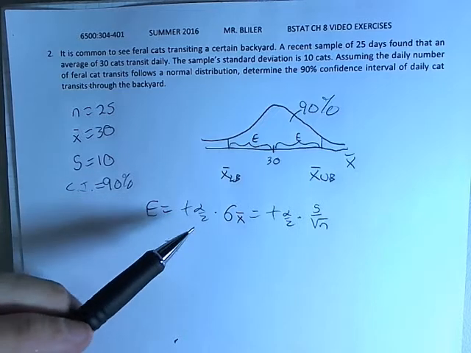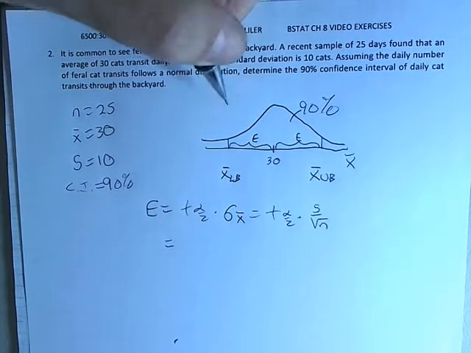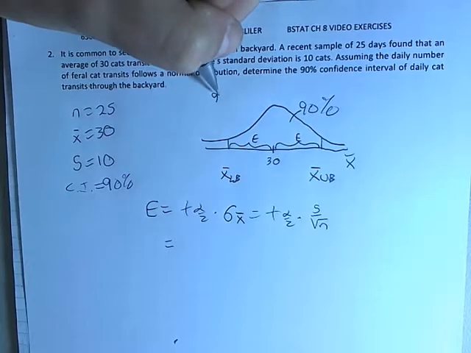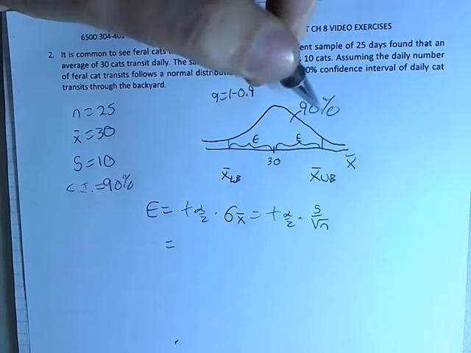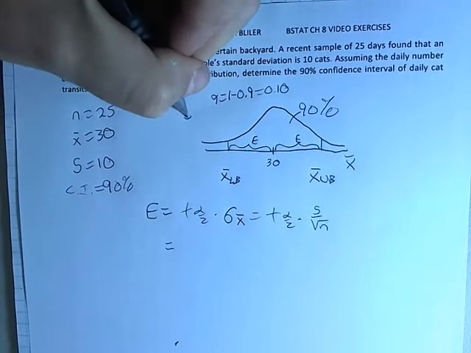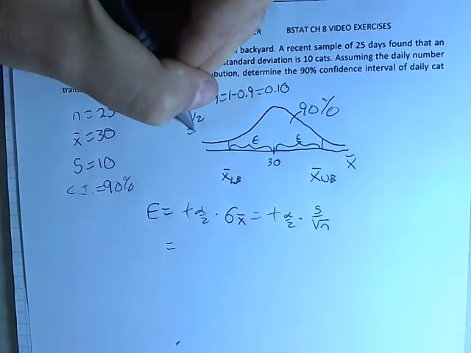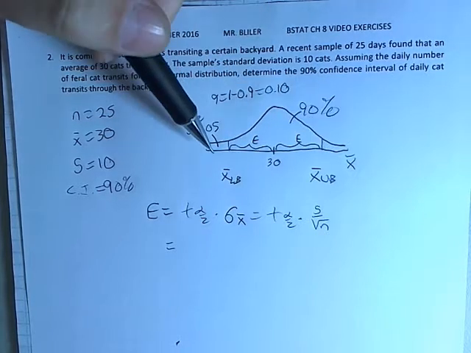So in finding t alpha half, similar technique to z alpha half, in that the first thing we'll do is compute our alpha value. So here alpha is 1 minus the 90%, alpha is 10%. So what's half of that alpha? Half of alpha is 5%, and that is the area in one tail.